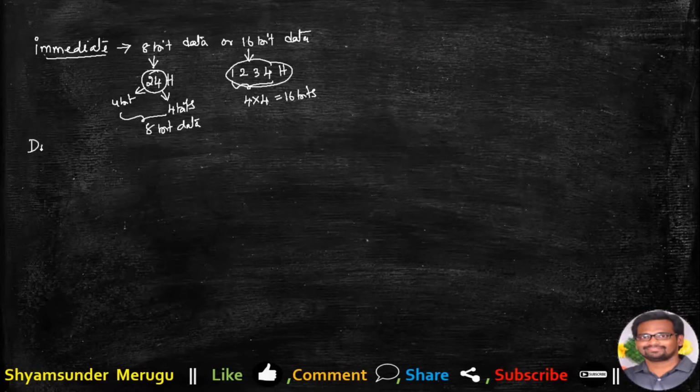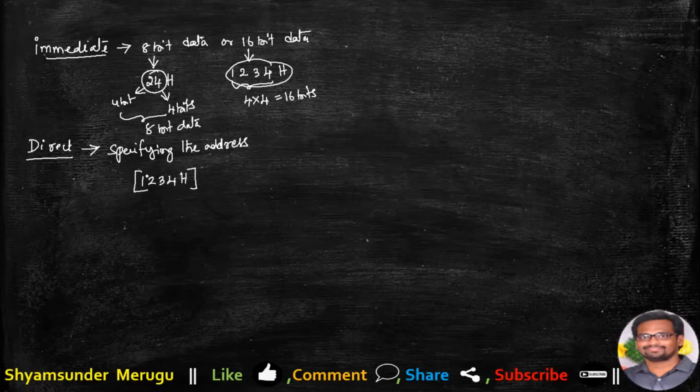The next word that we come across is direct. This term direct indicates specifying the address, right? So this address specification is like this: 1234H. This indicates the address.